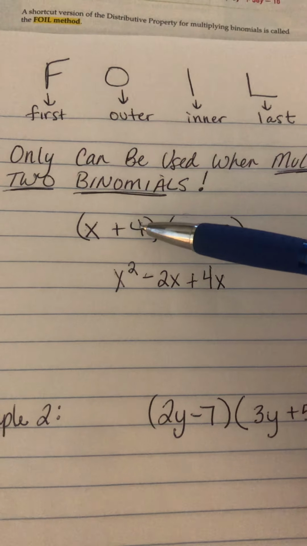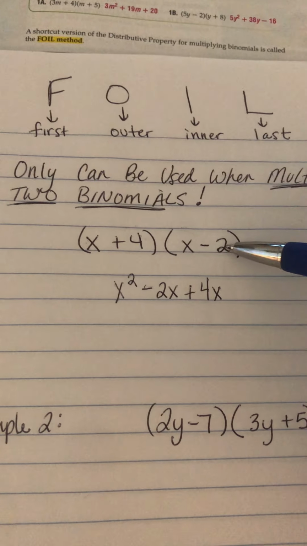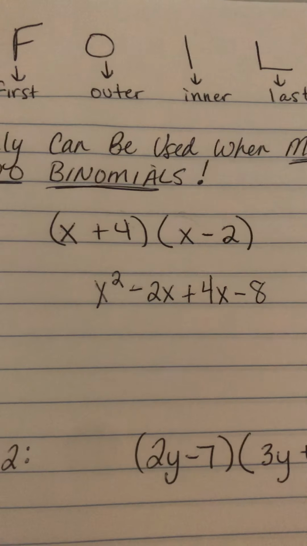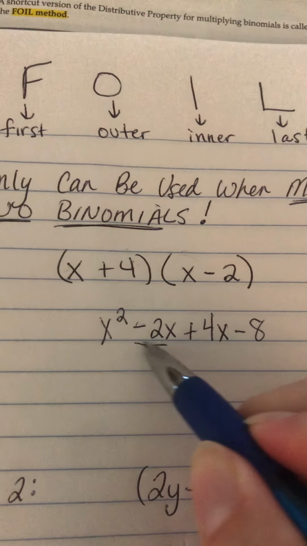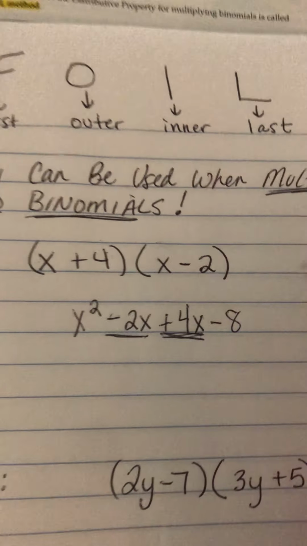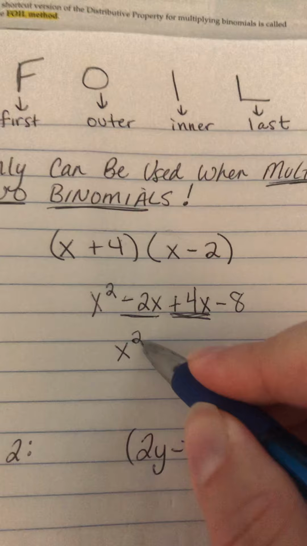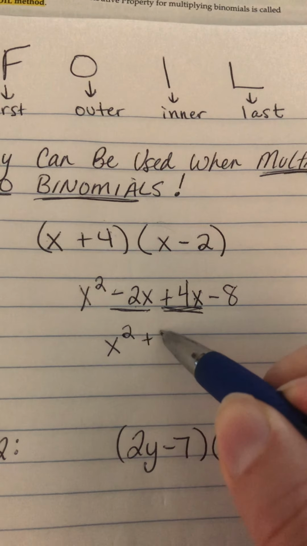So 4 times -2 would be -8. Hopefully you realize now that there are like terms that you can combine. -2x plus 4x will be +2x.